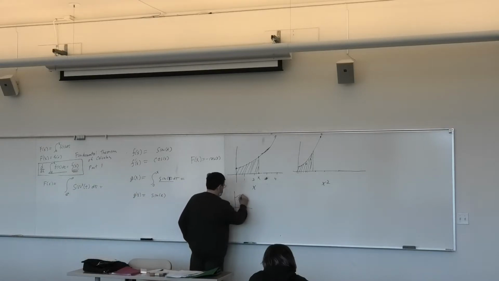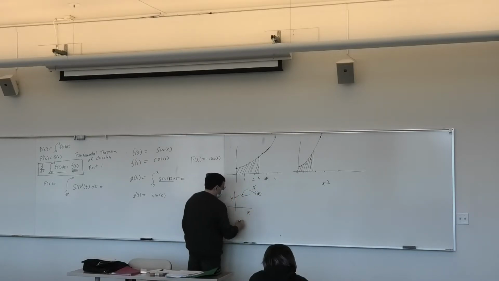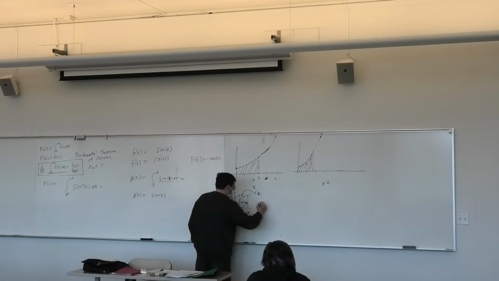I have some function. That's this. Some values, some y values. If I instead just pick some starting point, and now my new function is the area under the curve, this is the antiderivative.